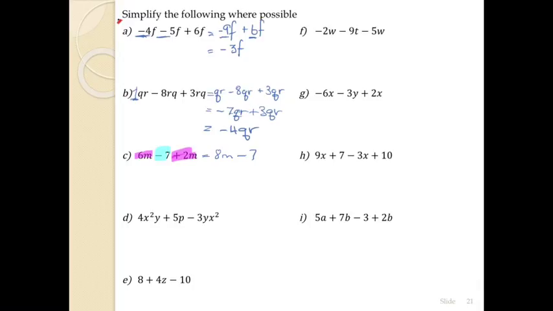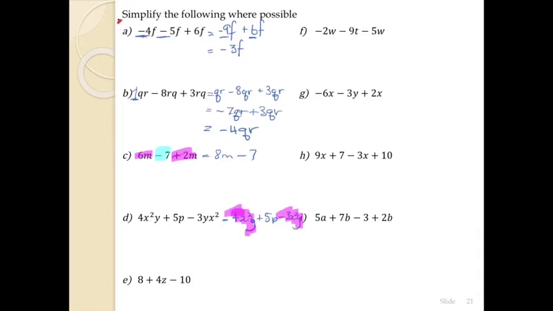So part D, I'm going to rewrite it again in alphabetical order. So we've got 4x squared y plus 5p minus 3x squared y. So our like terms are 4, oops, apparently I forgot to write the y in there, 4x squared y minus 3x squared y.